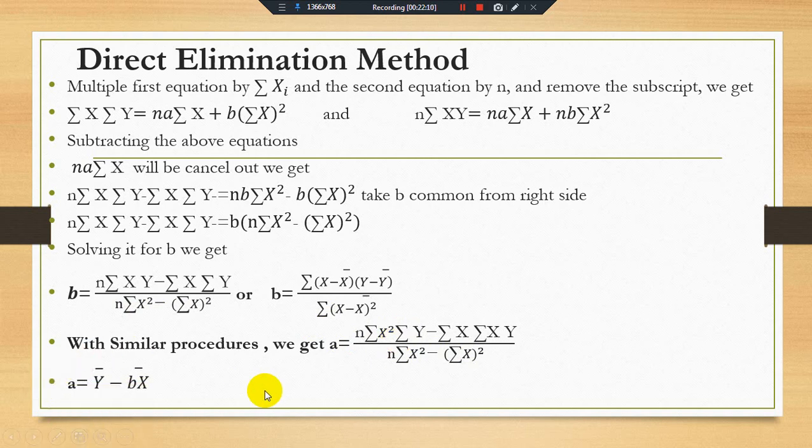Another method for getting the value of a is equal to y bar, the mean value of y, minus b x bar, the mean value of x, and after subtracting it we get the value of a. Normally students use this formula for getting the value of a, and for getting the value of b normally this will be used in the coming empirical session, where we will also try to prove it.